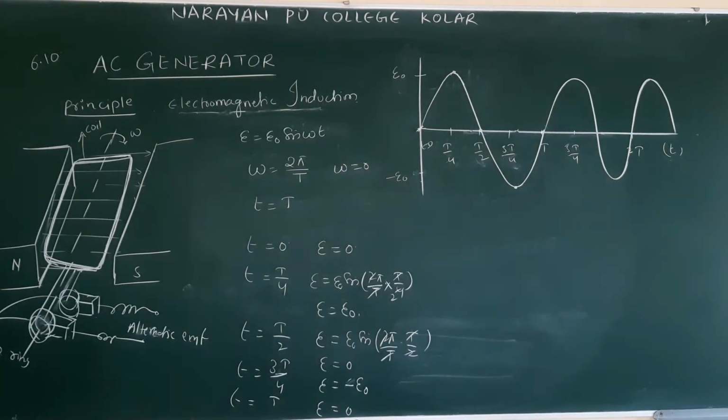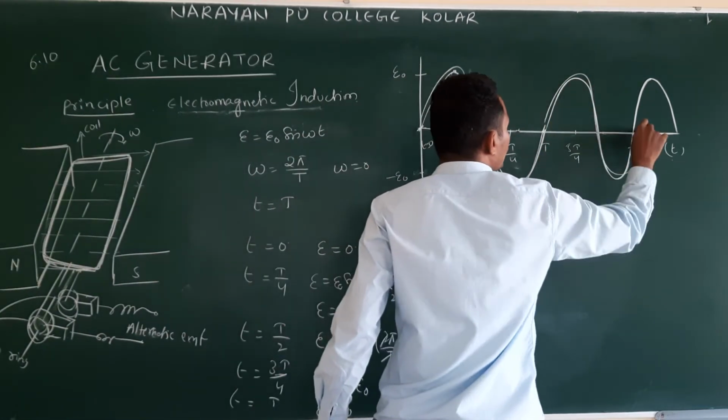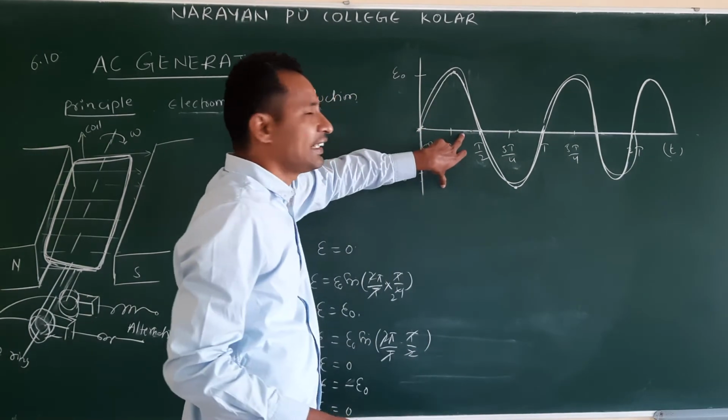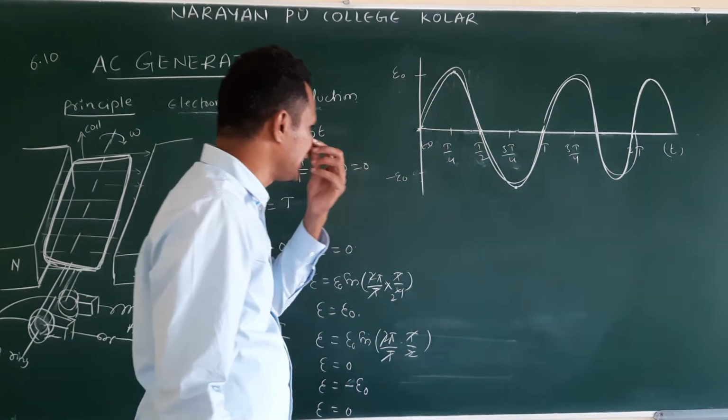Here, the frequency means the variation of this, called 1, 2. The number of cycles generated in 1 second, that we call a frequency.